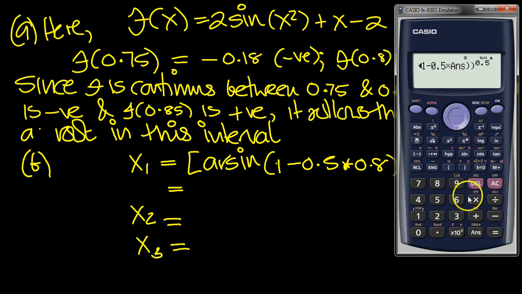Now we press equals and get the number, 0.80219 to 5 dp.